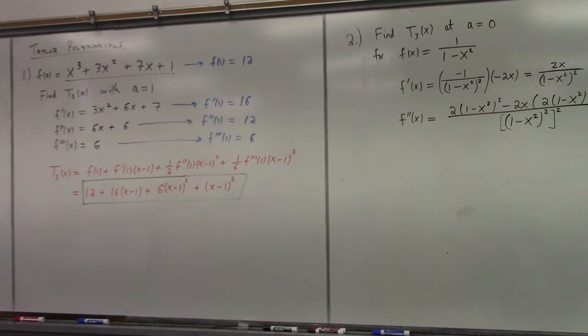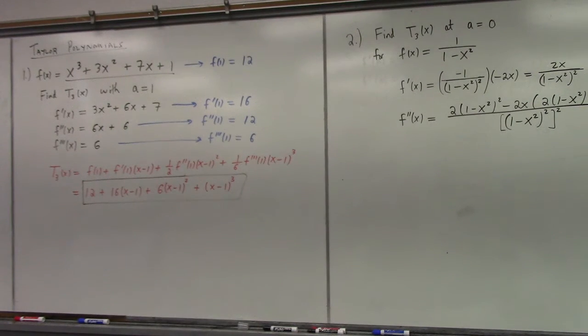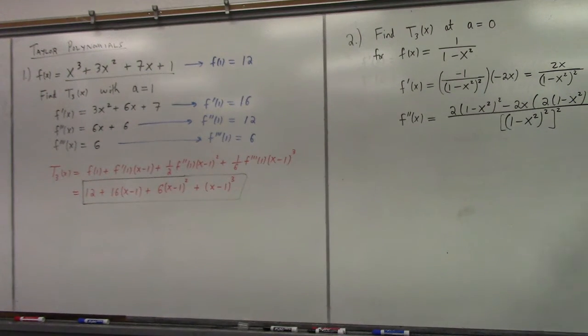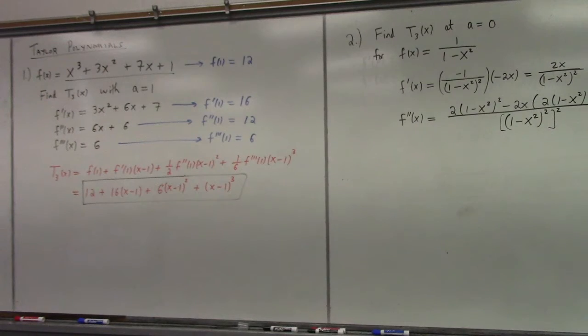Oh, I lost a 2. No, I didn't. Oh, I lost an x squared. This is 2x times 2x. This is supposed to be 8x squared. That was my mistake. And so with that, these guys cancel.